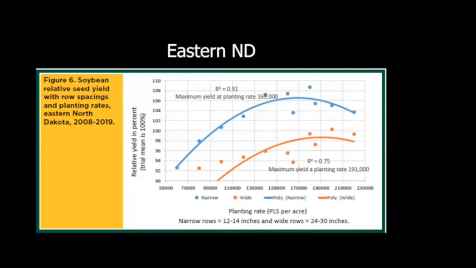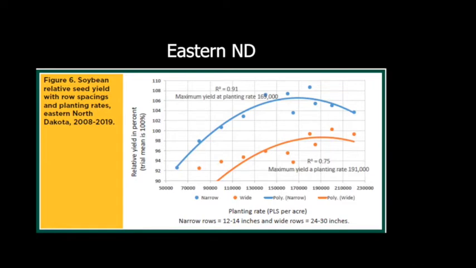Notice that the R square is very high for both. We're pleased about that because that illustrates that there's a strong relationship amongst the factors. Clearly the narrow rows were higher yielding compared to wide. In addition, at the top of the curve for both row spacings, we have a maximum yield identified.